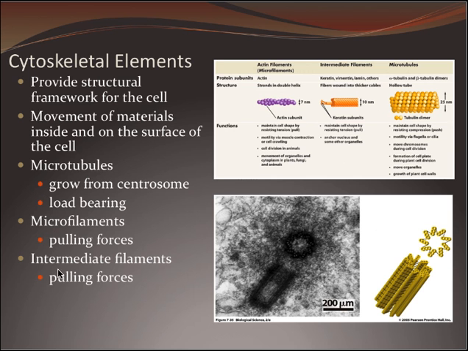Both the microfilaments and intermediate filaments serve in the pulling forces which function during the process of mitosis, whereas the microtubules, as we will see in the chapter on mitosis, actually extend from the centrosome region, or a pair of centrioles aligned at 90-degree angles from each other, and send out these microtubule spindles that attach to the chromatin to allow them to enter the intermediary phase of mitosis, known as the metaphase stage.